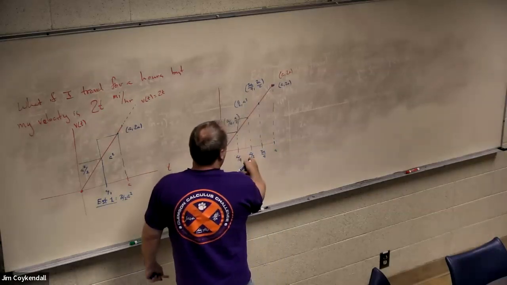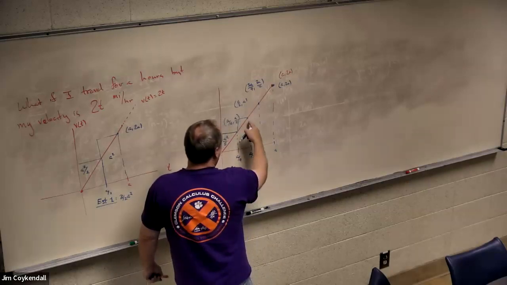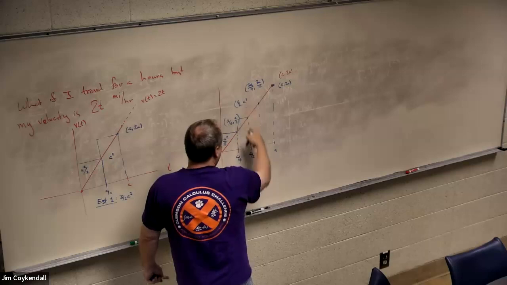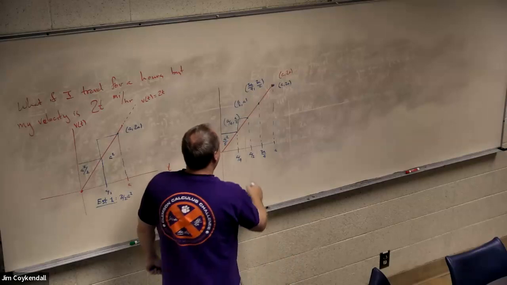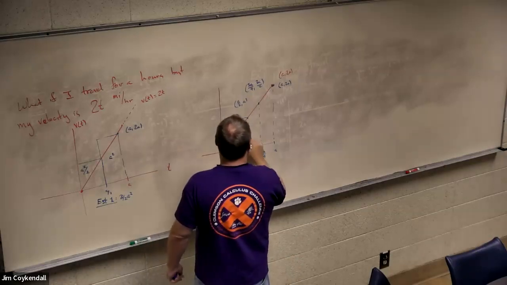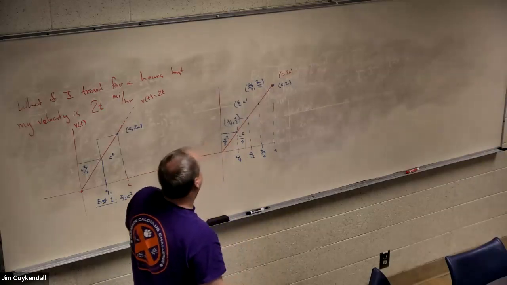Here, my width is still A over 4, but now my height is A, so my speed is A. I measure my speed, and I say I'm going to end up traveling A the entire length. That's A over 4, so I get A squared over 4, I guess.